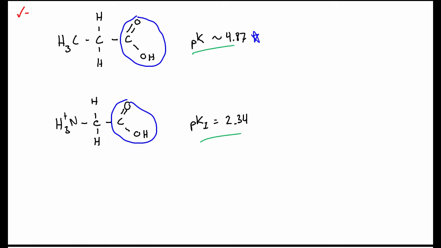And I think that it's important to think about this in terms of what's happening in, let's say, a beaker. So let's go ahead and draw this out. So we'll just draw a reaction vessel. We can say it's a beaker.